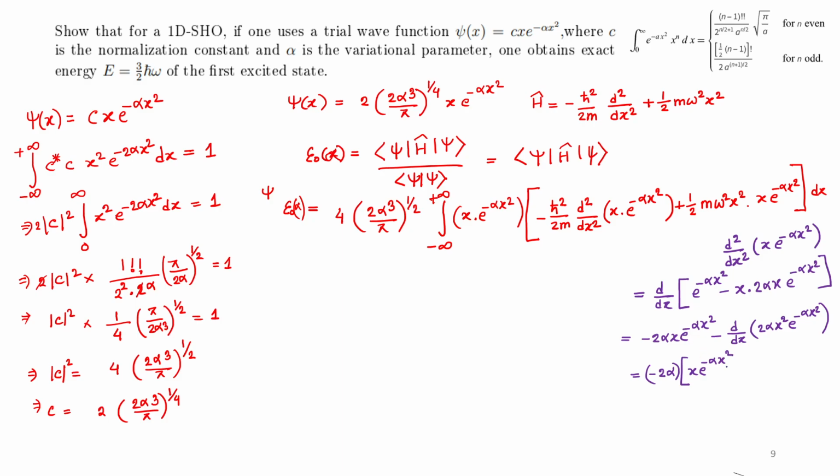On this side, the differentiation of 2x is going to be 2, and of x square is going to be 2x, which we have taken, minus 2 alpha into that 2x e to the power minus alpha x square, minus 2 alpha x square, with plus 2 alpha x square, then minus 2 alpha x.